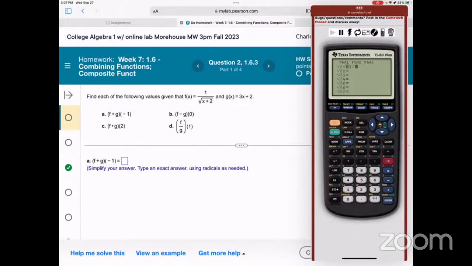My g is 3x plus 2. Okay. So then I want to call on, the first one is f plus g of -1. So I'm going to do f of -1 plus g of -1. And we get 0. So I'm just going to do 0.